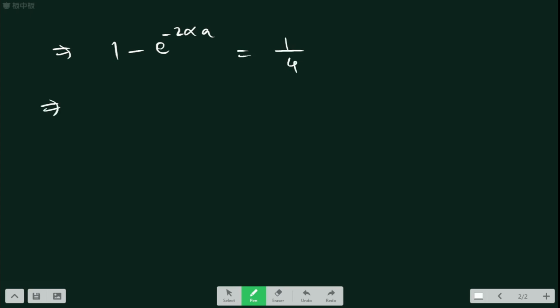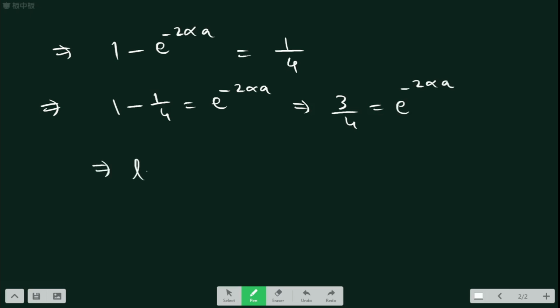This implies 1 minus 1 by 4 is equal to e raised to minus 2 alpha a, which gives 3 by 4 is equal to e raised to minus 2 alpha a, which implies ln of 3 by 4 is equal to minus 2 alpha a.